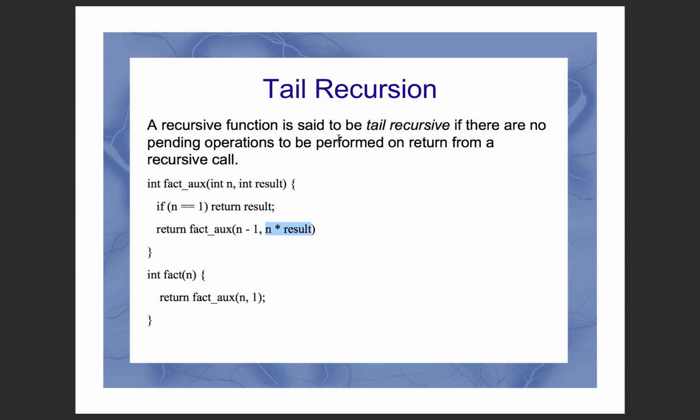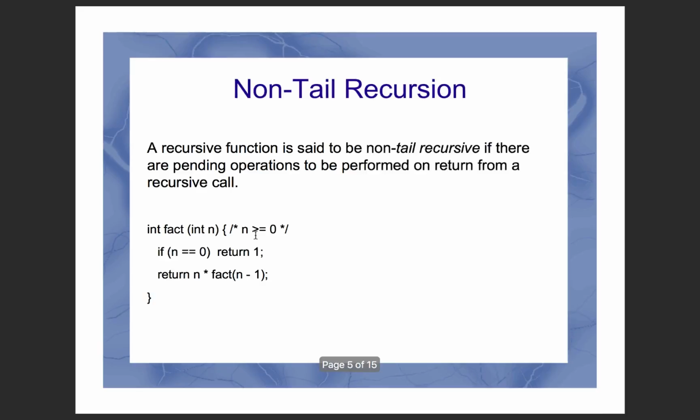So when there are no pending operations, we call that a tail recursive approach. When there are pending operations, we call that a non-tail recursive method. So this one is a non-tail recursive method.